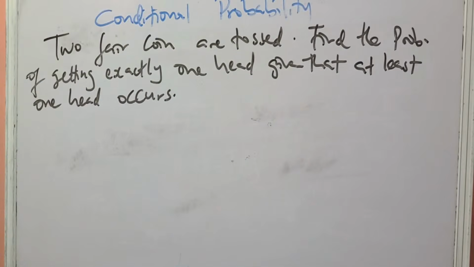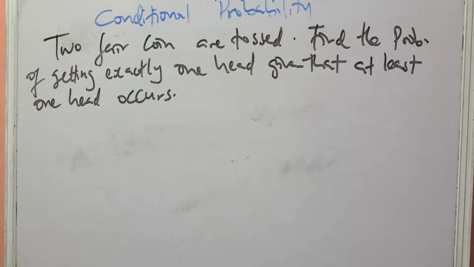Look at this question. Let me see how you will solve this. 2 fair coins are tossed. Find the probability of getting exactly 1 head, given that at least 1 head occurs.